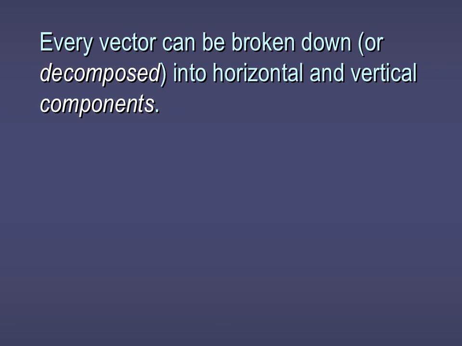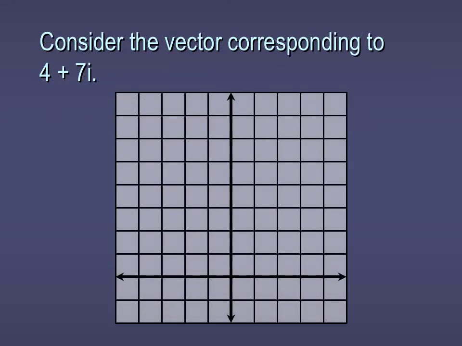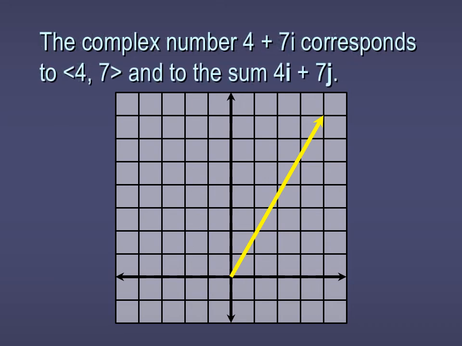So each vector can be broken down. Another word for that is decomposed into horizontal and vertical components. So let's look at the vector 4 plus 7i. So here's that vector. It can be broken down because 4 plus 7i corresponds to the vector 4, 7, okay?